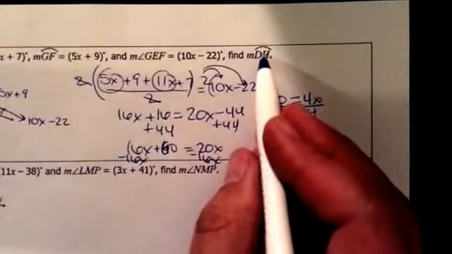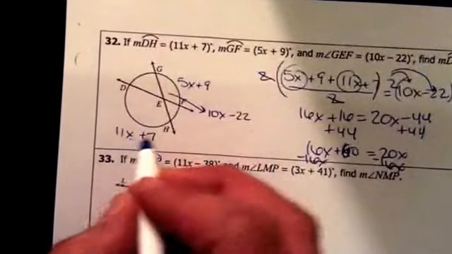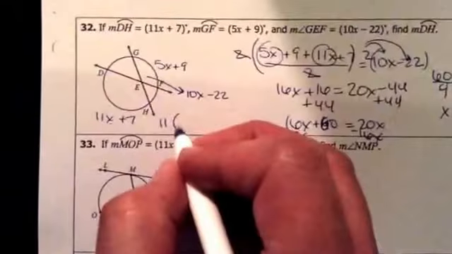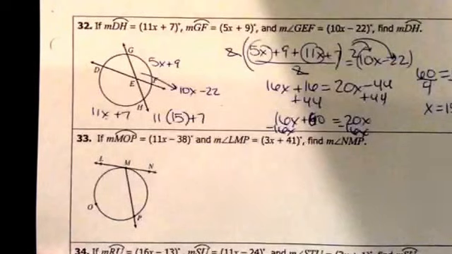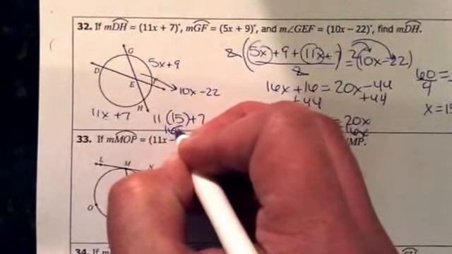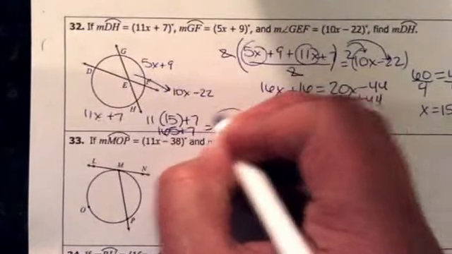Now again, I'm looking for arc DH, which means I have to take my x and plug it into DH. So that's going to be 11 times my x, which is 15, plus 7. It's going to be 165 plus 7. It's going to be 172 degrees.